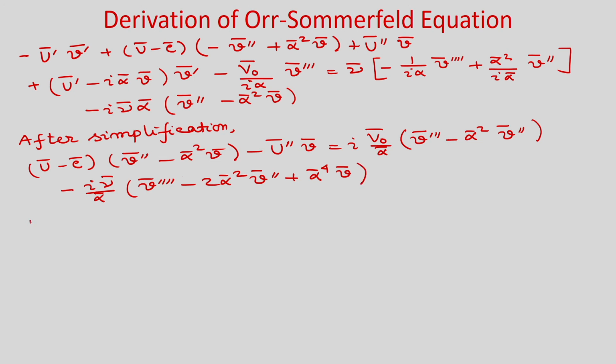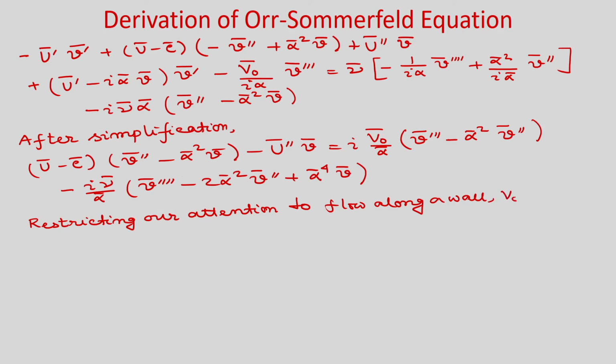Okay. So, now if we restrict our study just to flow along a wall, then v naught, the normal velocity through this wall, obviously will be 0. So, we can write this equation, simplifying just after putting v naught is equal to 0.